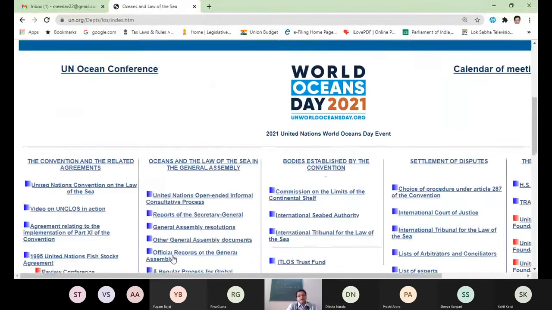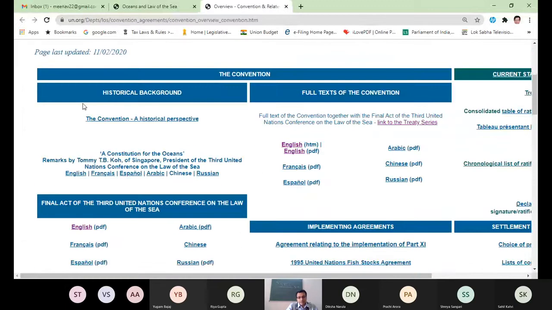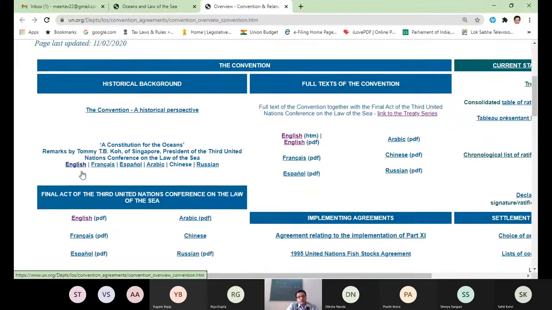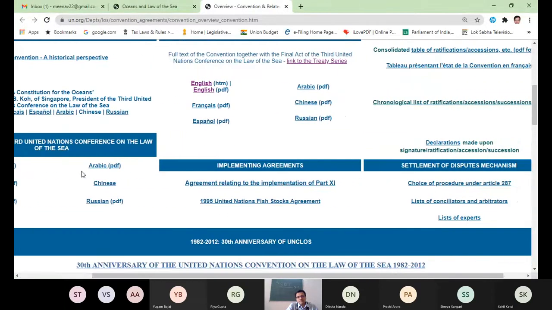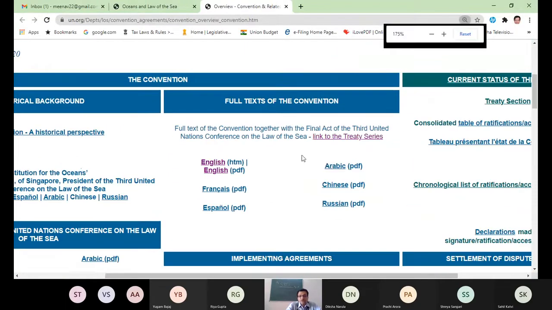When you go to it, there are so many different documents. Again, you click it, and there are so many components. These are the 6 official languages of the United Nations: Arabic, Chinese, etc. So let us click English.